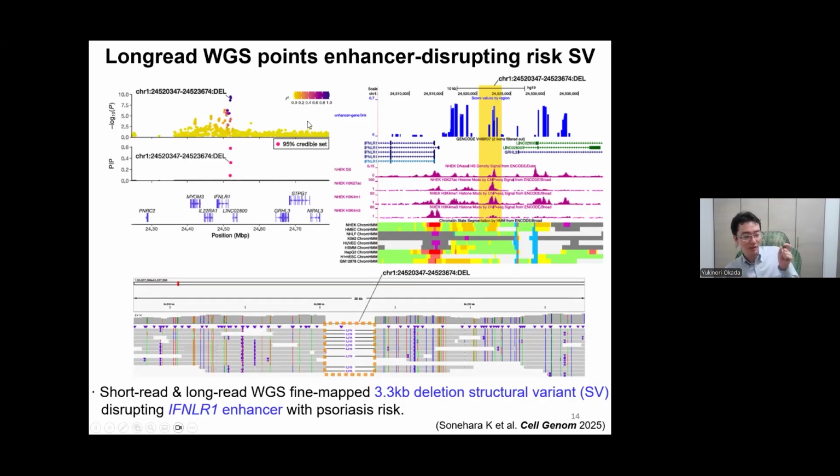We found a 3.3 kilobase, meaning 3,000 base pair, deletion structural variant which disrupts the enhancer region of this immunity gene, and this causes psoriasis risk. So GWAS is very strong, but sometimes it misses risk genes, which rare variant analysis can help us find. GWAS is very interesting, but it sometimes misses the truly causal variants, such as structural variants. So a combination of GWAS and rare variant sequence studies will help us pinpoint the risk genes of psoriasis and other skin diseases.